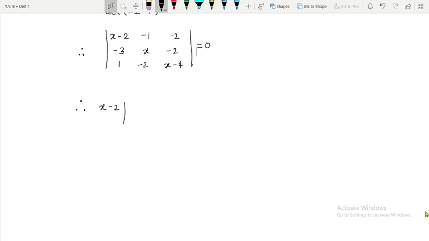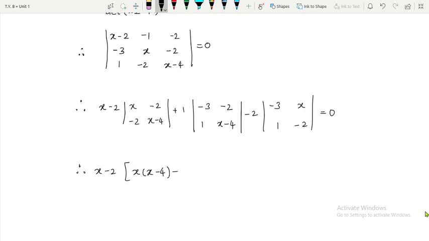Therefore (x minus 2), now what will be the determinant? x multiplied by (x minus 4), this will be minus 4, right, plus 1, this will be minus 3 multiplied by (x minus 4), this is going to be plus 2, this will be minus 2, inside the bracket 6 minus x, will be equal to 0.